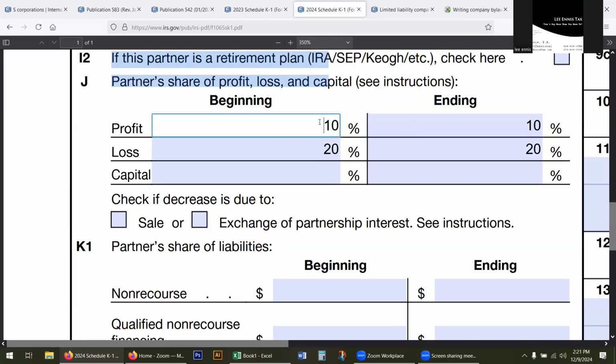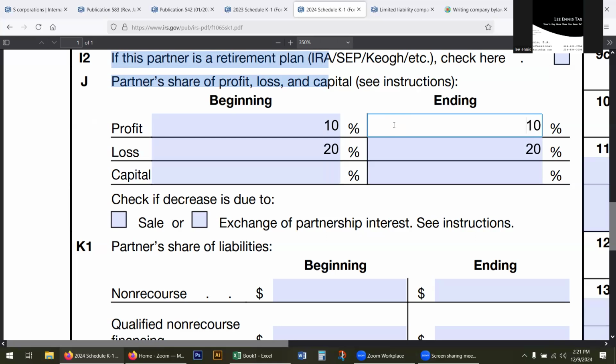So, and again, this is something that needs to be understood in the partnership agreement, in the operating documents, and the bylaws, which is if I own, let's just say, 10% of the profit of this partnership, can I then sell 5% of my profit to someone else? Right? Can I do that? The partnership agreement is going to dictate that.